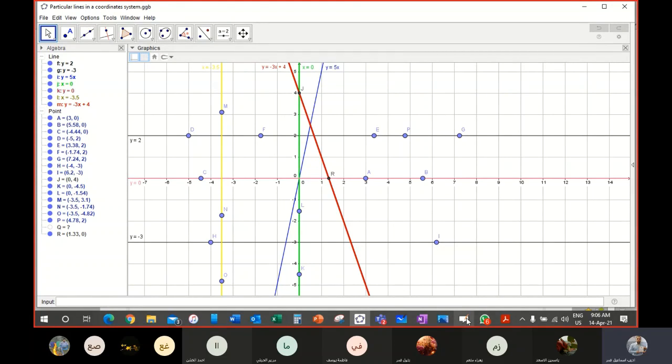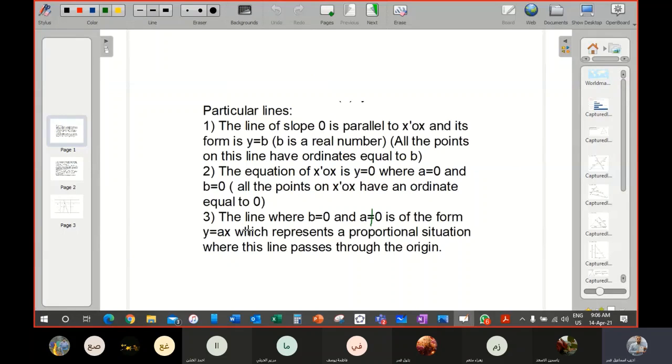Also, the third line, where b equals 0 and a does not equal 0, is of the form y equals ax. Here we didn't write b because b is equal to 0, but a is a real number not equal to 0.